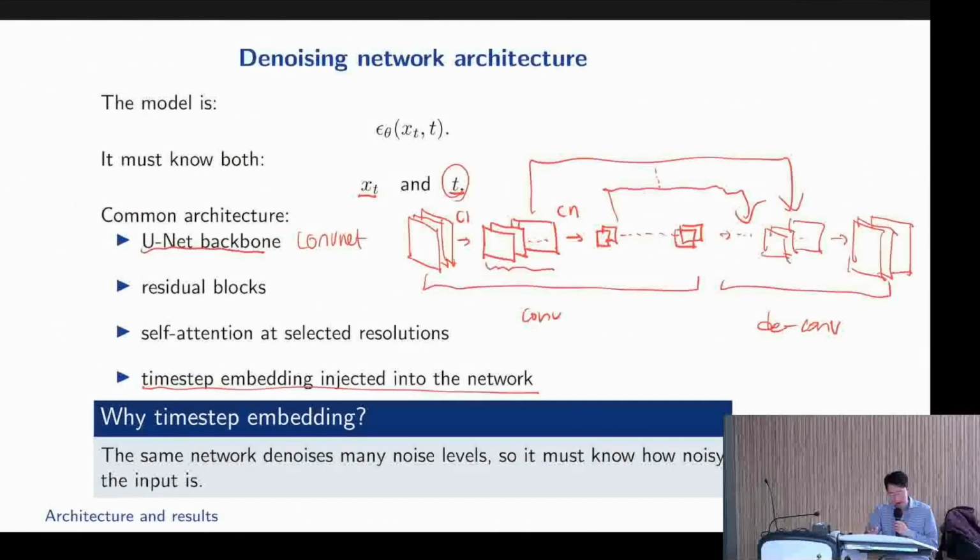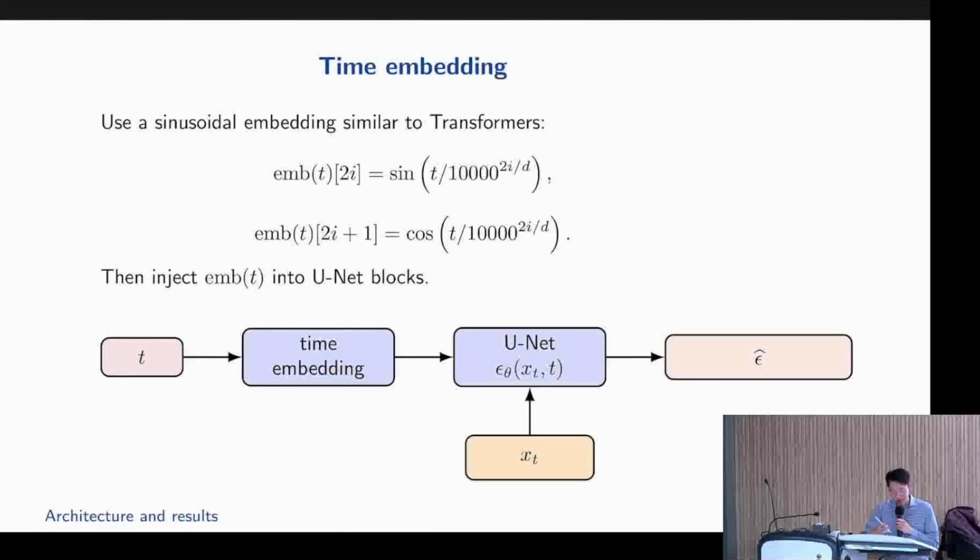Because if you just provide a single number compared to this image which is, I don't know, 1024 times 3, that's just a single number. This number is going to get buried during matrix multiply. So we're going to take this number and generate an embedding vector, so you can have a significant portion in terms of the proportions of the dimensions that enter the network.